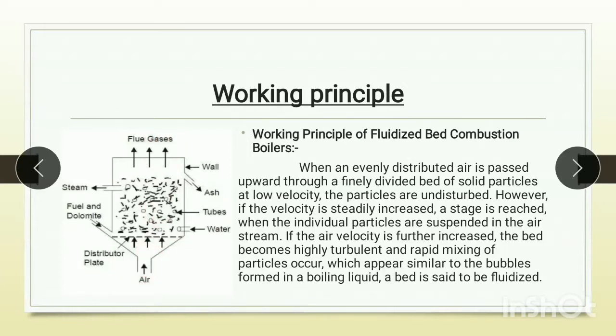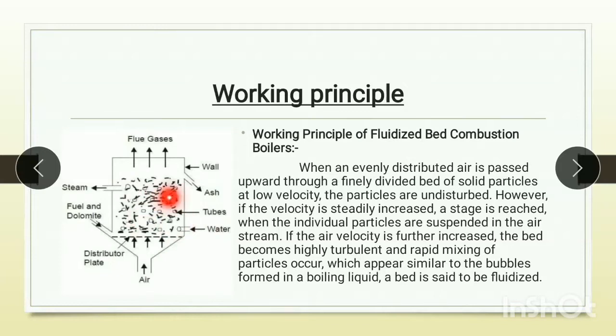So how does it work? When we supply fuel mixed with dolomite, that is the inert material, this is the bed which is formed. When we supply air from here, with the help of heat, the fuel and the inert material particles get excited and start flowing. According to this principle, they become highly turbulent and start jumping, like bubble formation while boiling liquid.